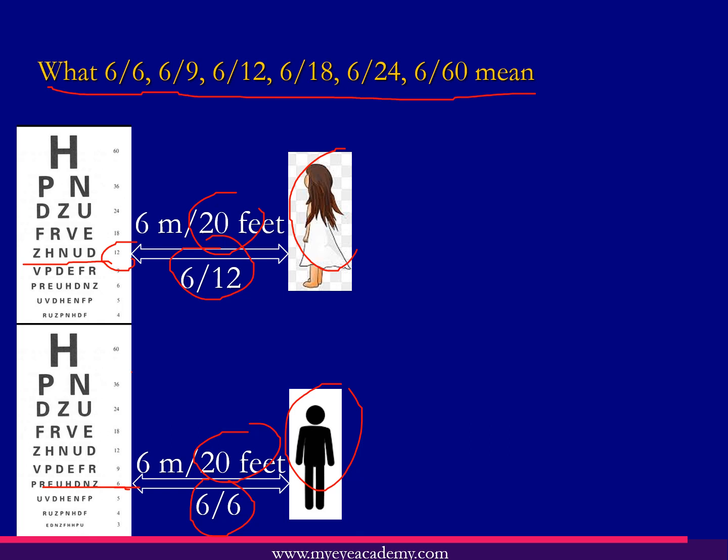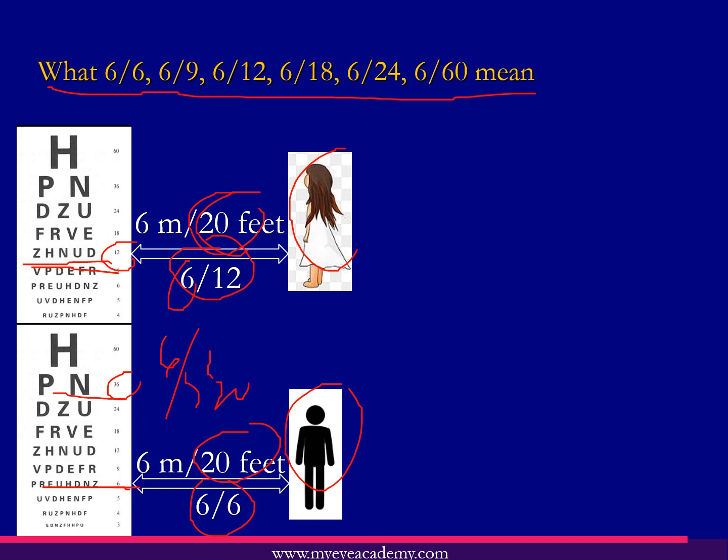If the patient can see the 6/36 line from a distance of 20 feet, the visual acuity will be 6/36. So it's always a line seen at 20 feet that denotes the visual acuity, and 6 is always at the top, which means 6 meters or 20 feet.